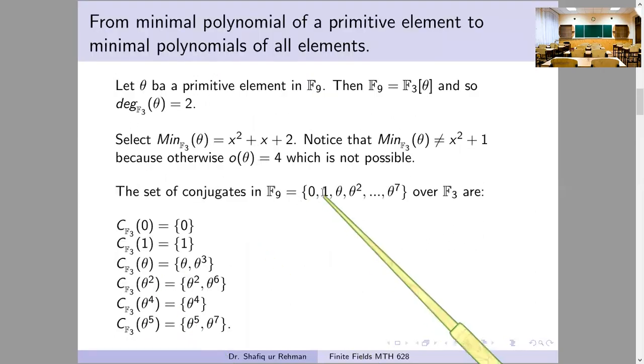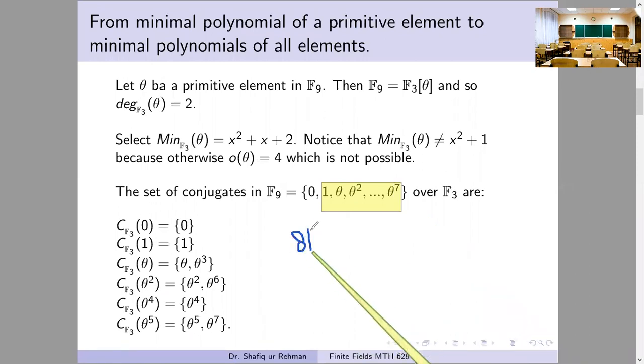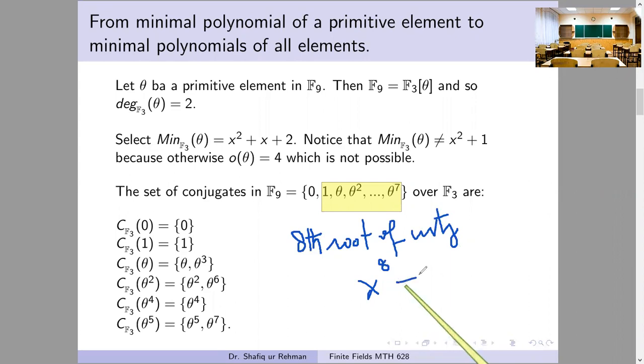In F9, every element is an 8th root of unity except 0. That is, every element is a solution of this equation in F9. This is true for every finite field we know.